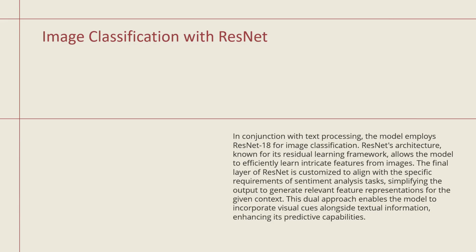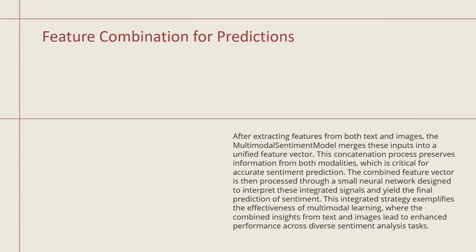Then, after extracting features from both text and images, I concatenate them to create a final feature vector which has features from both images and text, and I pass that into my final classifier, which predicts a binary output, 0 for negative and 1 for positive sentiment.